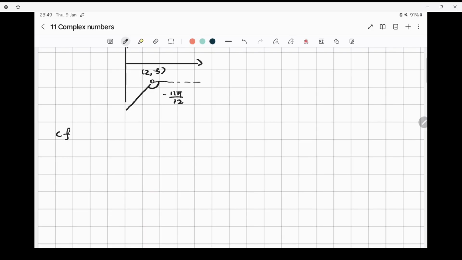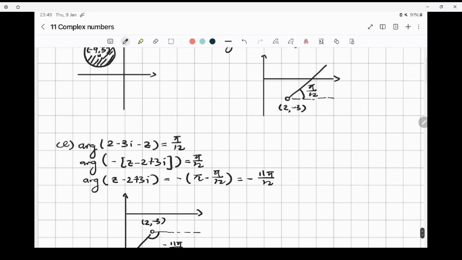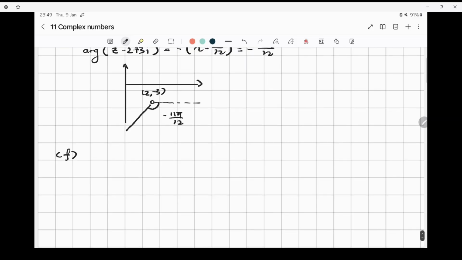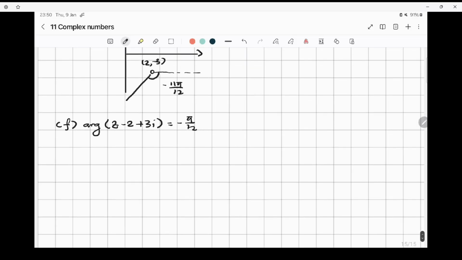Of course, if let's say the question directly gives you, for example, the argument of z minus 2 plus 3i equals minus pi over 12. If it already converts it for you and you always begin with z, so you don't need to do all the complicated conversion like just now. And you can directly start with minus 2, 3, sorry, 2 minus 3.